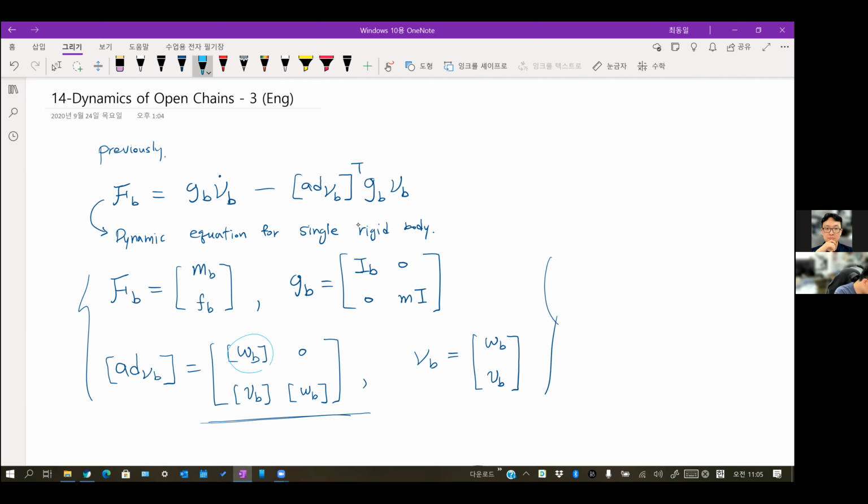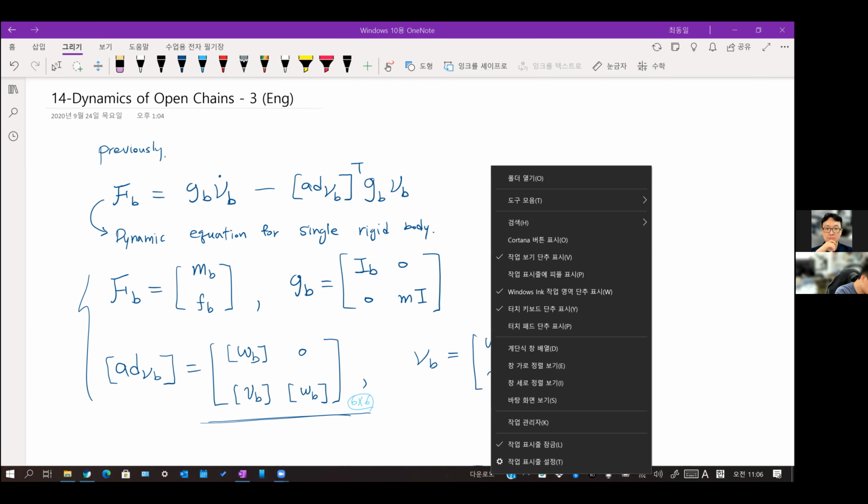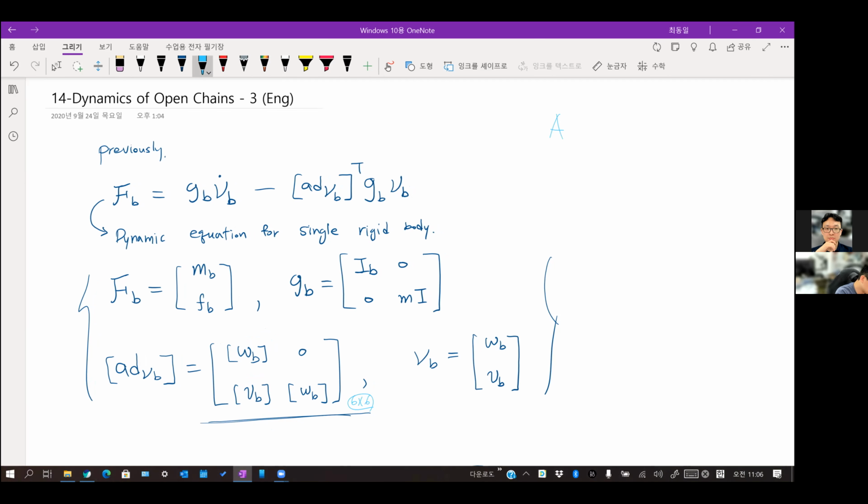This one is 3 by 3, and this one is 3 by 3, so this matrix is 6 by 6. As you already know, the adjoint of T is also a 6 by 6 matrix. So the matrix shape is the same in the large adjoint and small adjoint.